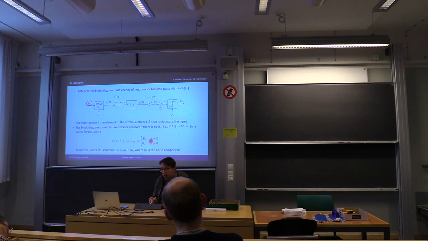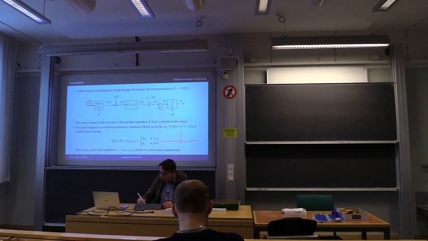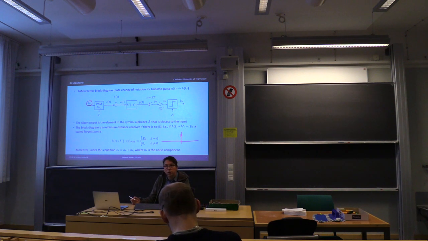The one when k is equal to 0. And for all other values of k, it's 0. So the sample at 0 is equal to E_h. And then for each multiple of T, we get 0.